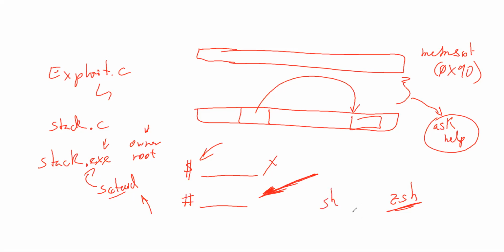SH. We removed the symbolic link of SH to bash, and instead we linked it to CSH. Remember? Yes. Why did we do that? I think because Bash has security in place. Yes, bash prevents it, it's more secure.